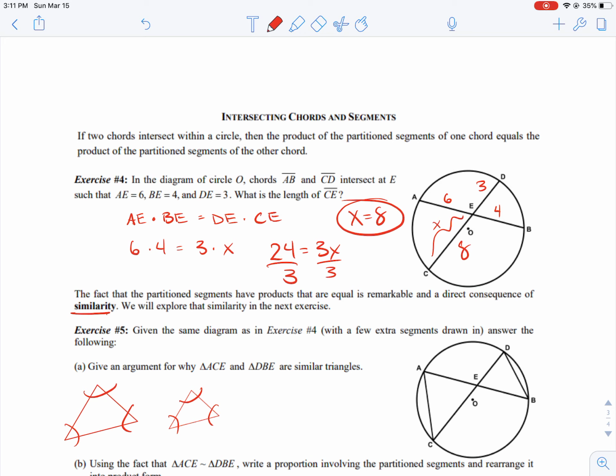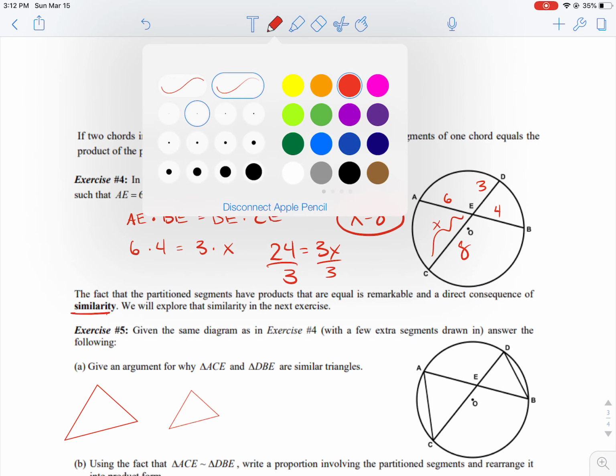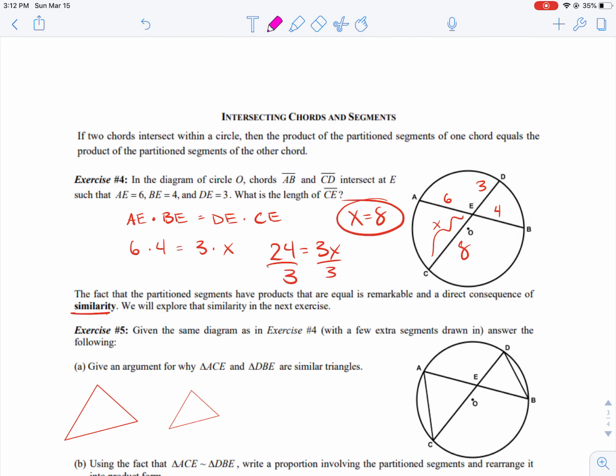So that's what makes them similar triangles. They wouldn't be similar if they didn't have all three of the same angle measures. Okay, so that's what I mean by similar triangle. It just means that it's either larger or smaller, but it still carries the same angle measures. Okay, so give an argument for why ACE and DBE are similar triangles.